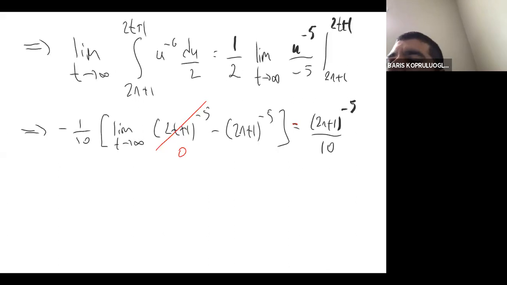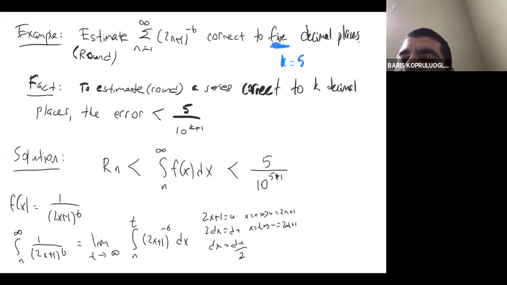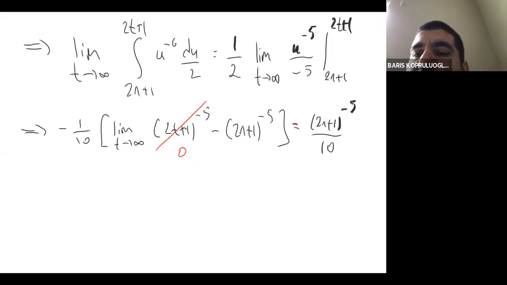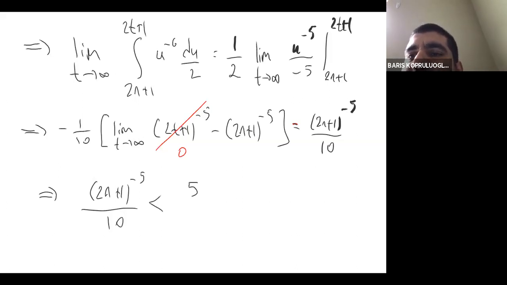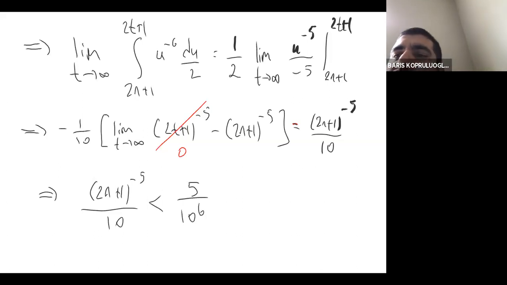And we want this, remember, to be less than 5 over 10 to the 6th. So one thing you can do is simplify the 10 and the 10 to the 6th.